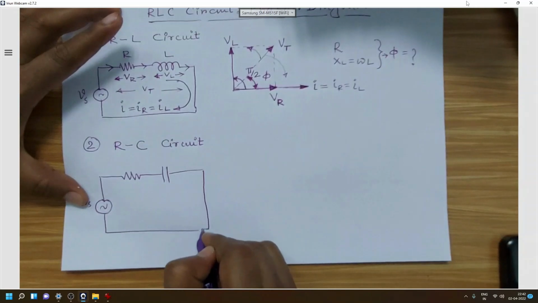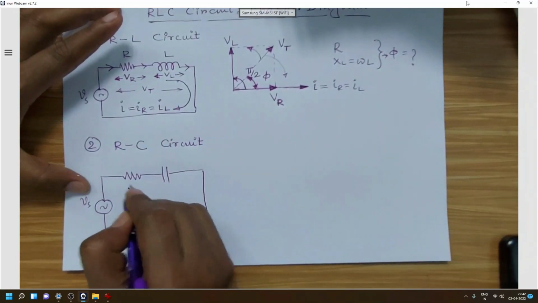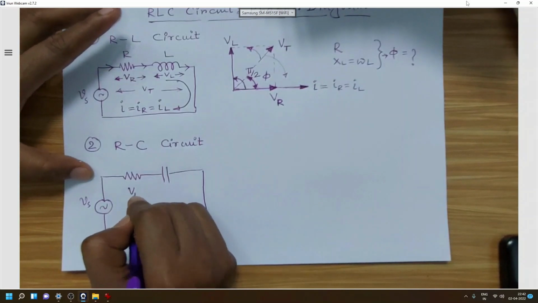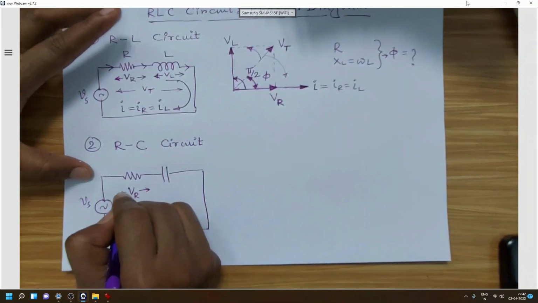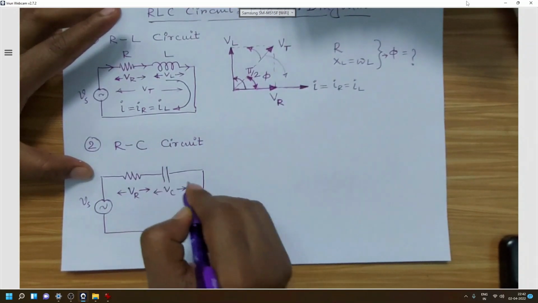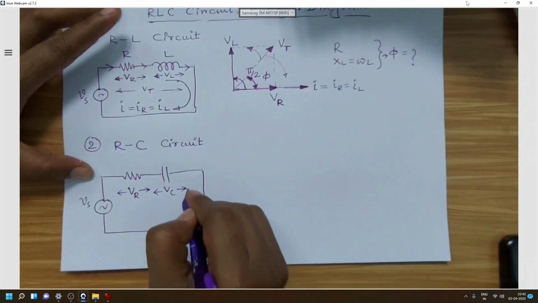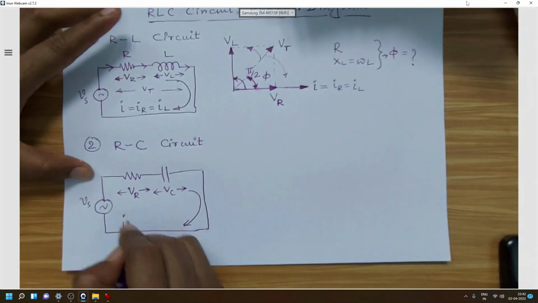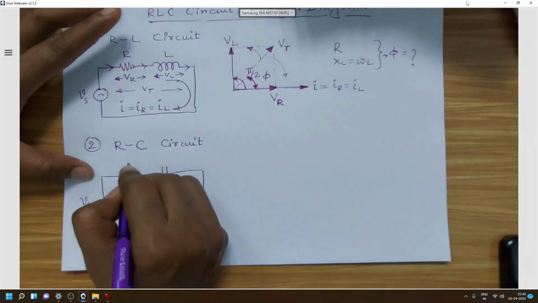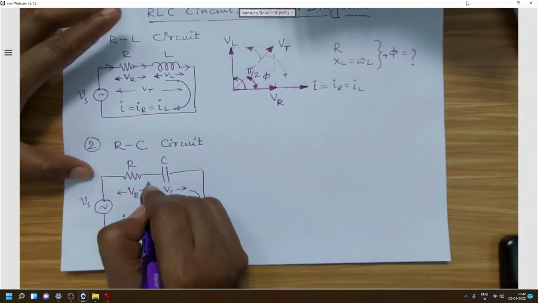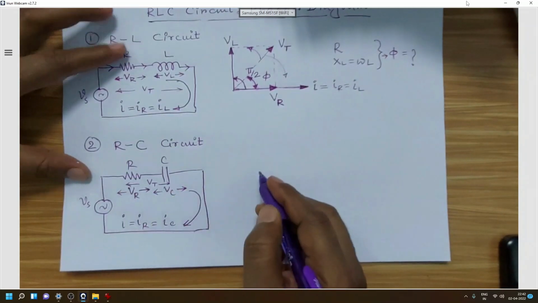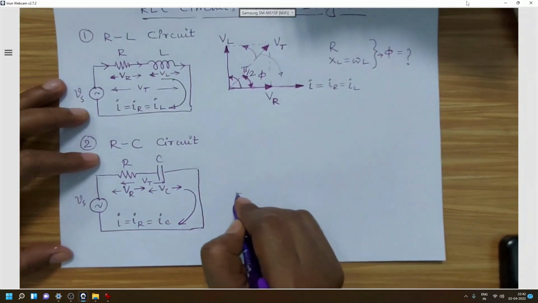Then we will denote the voltage drop across R as VR and voltage drop across C as VC, and the current passing through all these elements as I equal to IR equal to IC, and the total voltage will be VT here also, the resultant voltage. So let us see what the phasor diagram will be.